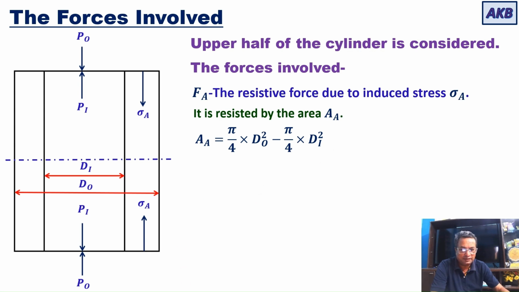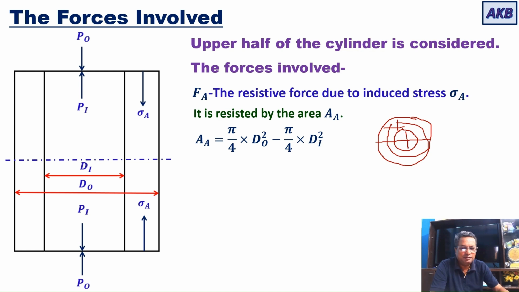Okay, so if you have to understand it, I can just show you the top view of the vessel. Just try to understand. So this is the inner diameter and this is the outer diameter. And the resistive force that we are talking about will be resisted by this area.